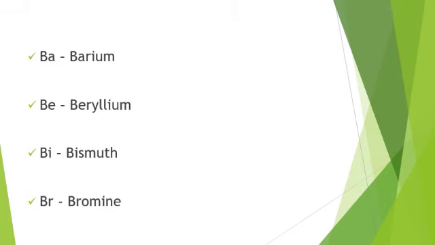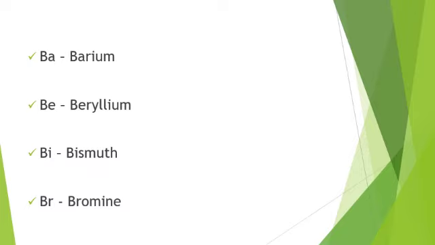However, when there is more than one element whose names begin with the same letter, then only one of the elements is represented by the first letter of its name. The other elements are then represented by the first two letters of their names. In such cases, out of the two letters, the first one will always be in uppercase, that is a capital letter, and the second one will always be in lowercase, that is a small letter.